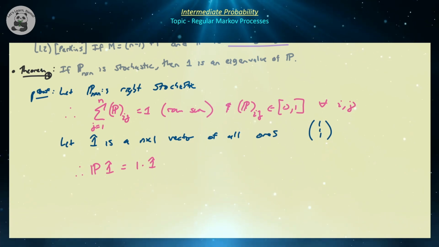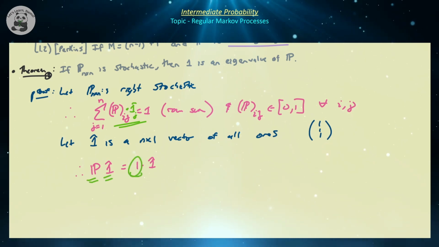That's primarily due to the sum via dot products, because it's the first row times that column of ones, and the first row sums up to 1. So when we multiply all those entries in that row by 1 each and then add them up, since the sum is equal to 1, you're still going to get 1. So the matrix times the 1 vector equals the scalar 1 times the 1 vector as well.